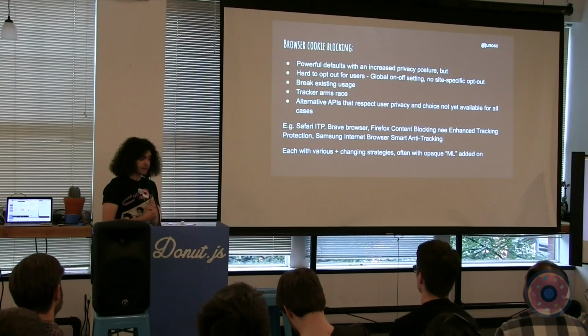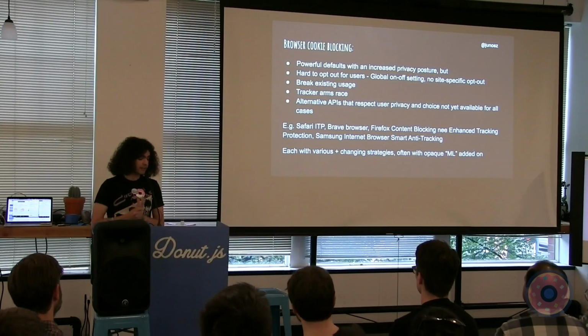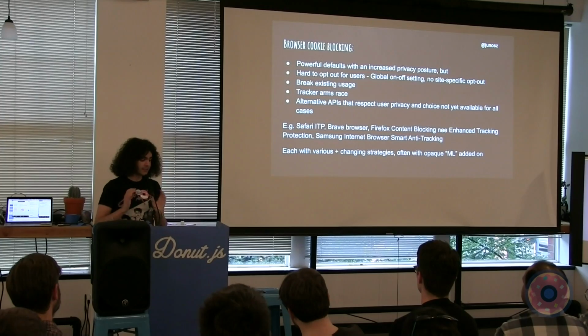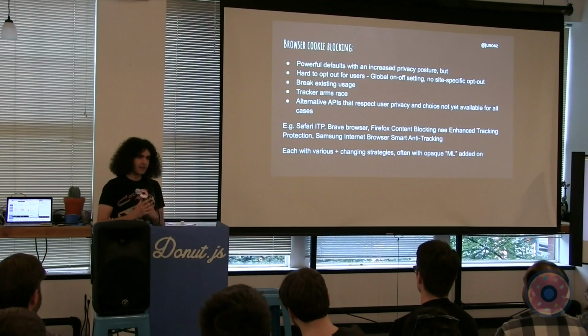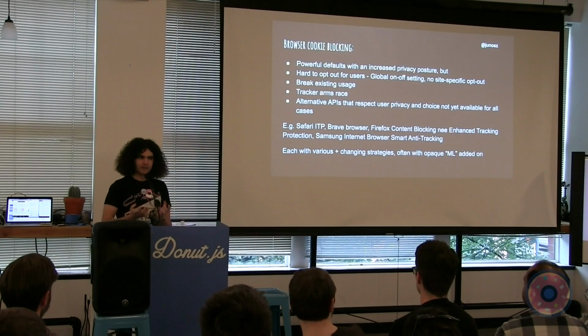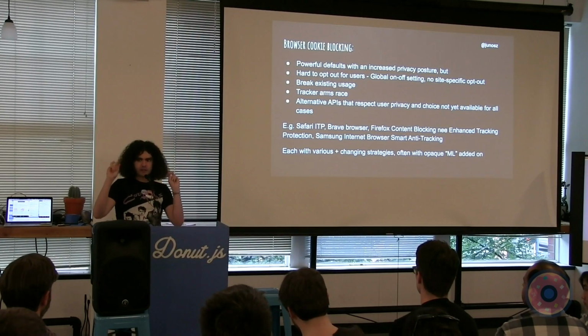Firefox has been shipping content blocking, originally called Enhanced Tracking Protection. And the Samsung Internet browser that comes default on their smartphones has a feature called Smart Anti-Tracking Technology. All of these do a number of things, and a lot of them are opaque as to what exactly they do, under this marketing label of machine learning.